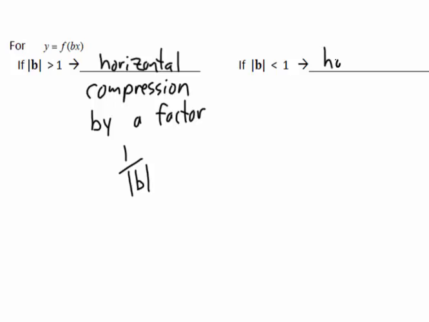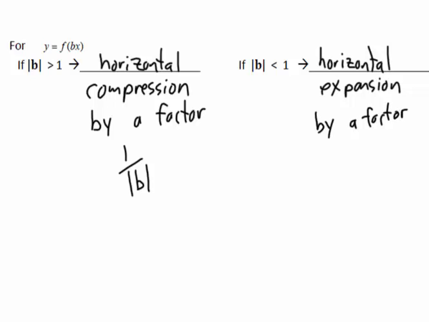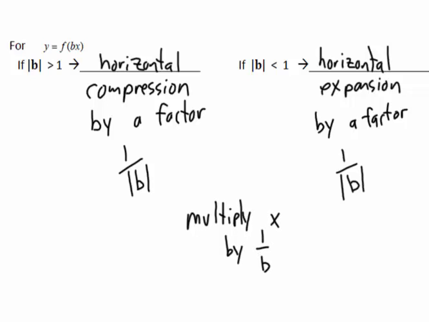If it's less than 1, we have a horizontal, not compression this time, but expansion by a factor. It's still the reciprocal, 1 over b, and again, we want the absolute value. So whatever that value is inside the function, we're always going to multiply the x values by the reciprocal.